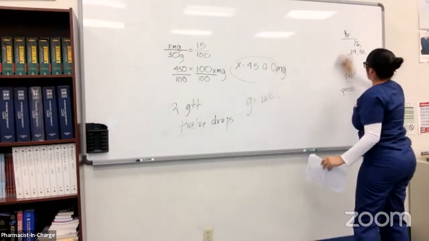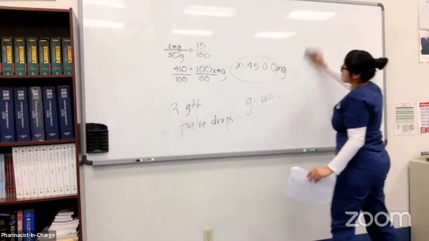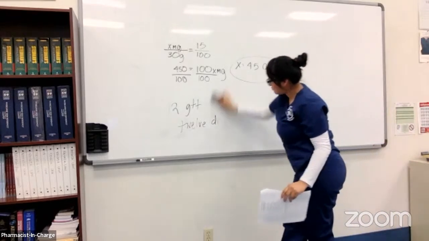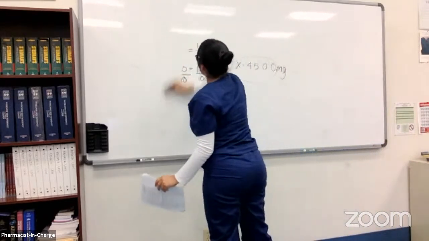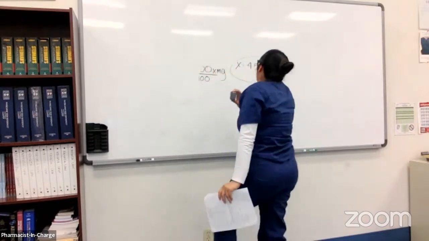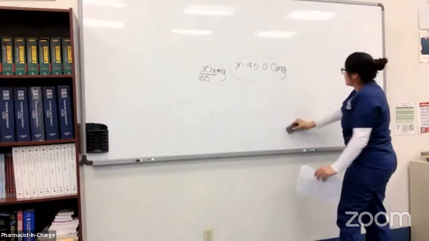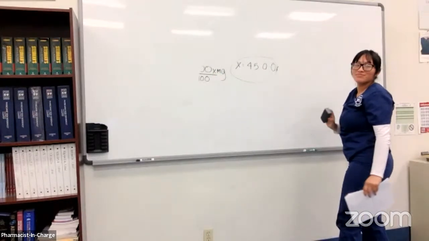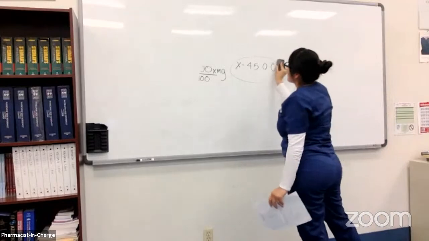There might be different ways you do this, but ratio and proportion would work. You erase the numbers. What numbers do we have? Okay, 26, 29, 30.